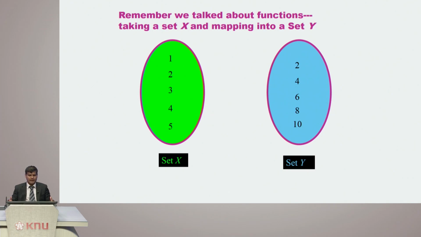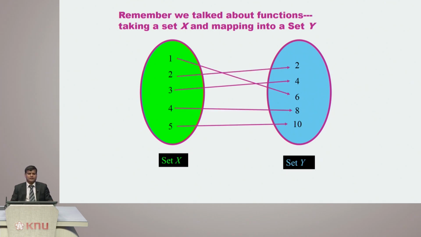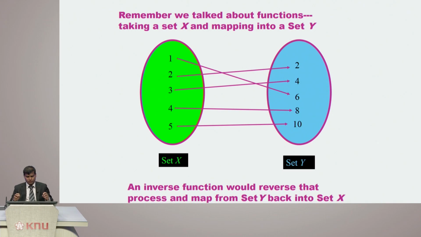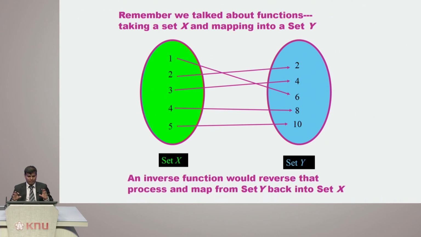Set x has the elements 1, 2, 3, 4, 5, and set y has 2, 4, 6, 8, 10 as its elements. Now we are mapping set x to set y, and we know an inverse function would reverse the process and map set y back to set x.